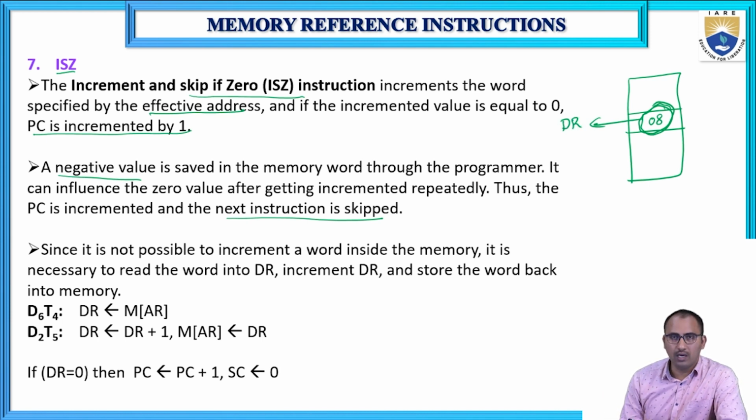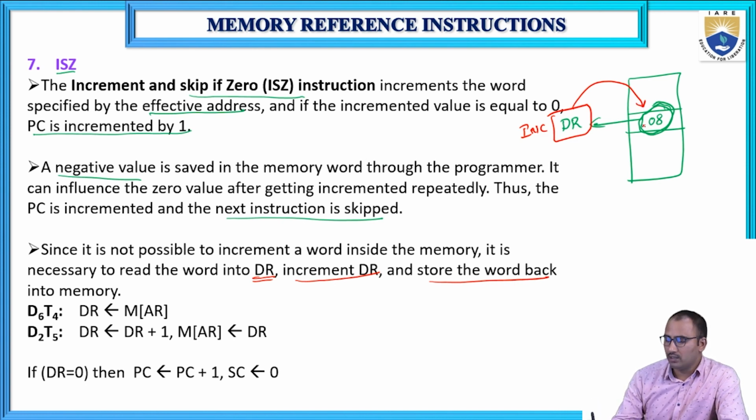After copying to the data register, we perform the increment operation on this data register. So it is necessary to read the data word into the data register, and after that we increment the data register, then we store that incremented data register value back to the memory word.